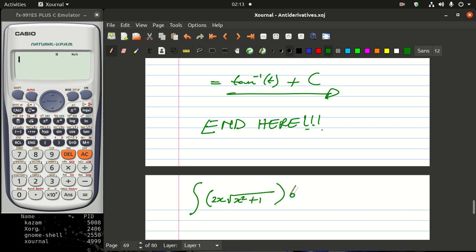How would you end up evaluating this? Because now you have a multiplication of two functions, but there's also a relationship between this function and that function. So how do you end up finding the antiderivative of this particular function?